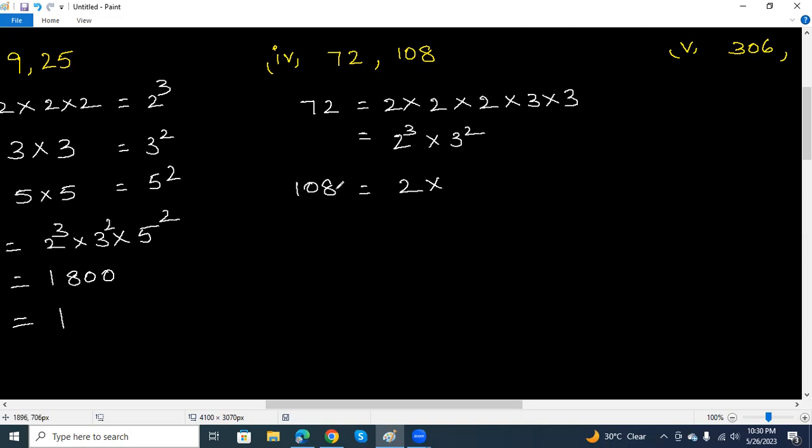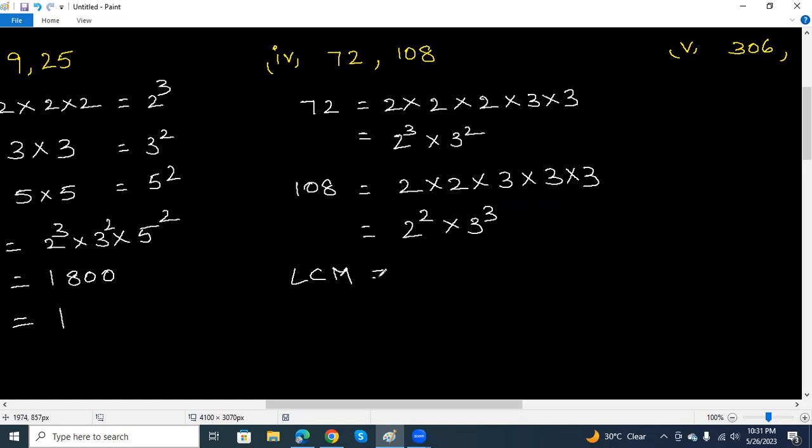2 27s are 54. Sorry, 54 can be written as 2 into 27. 27 can be written as 3 9s are 27. 9 can be written as 3 3s. Okay. So 2 into 3 cube. Answer.